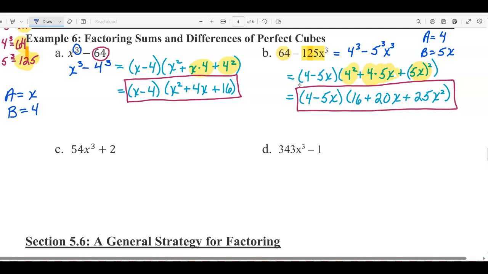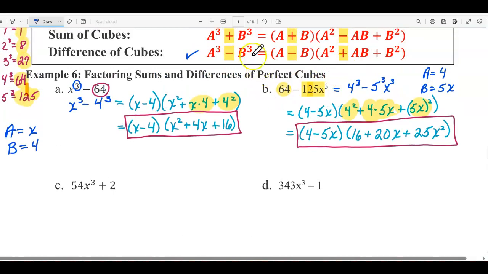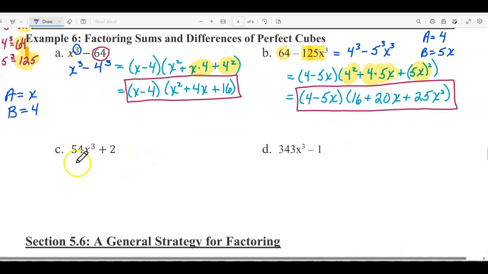Part C, I see the cube, so I'm thinking about the first formula that has a plus a cubed plus b cubed. But when I think about 54 and 2, they are not perfect cubes. But I notice they're both even, so I'm actually going to factor out a GCF first and see if I can get it in the form of the cubes. So if I factor a 2 out, I get 27x cubed plus 1.